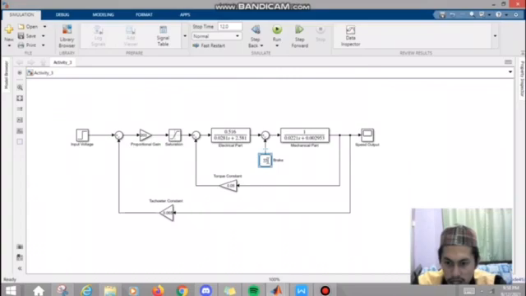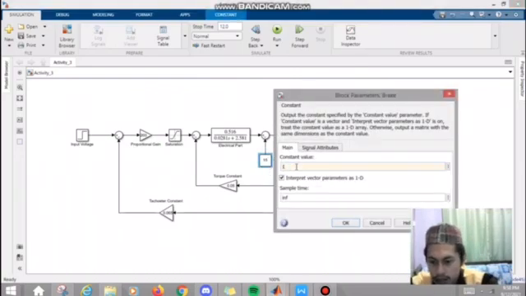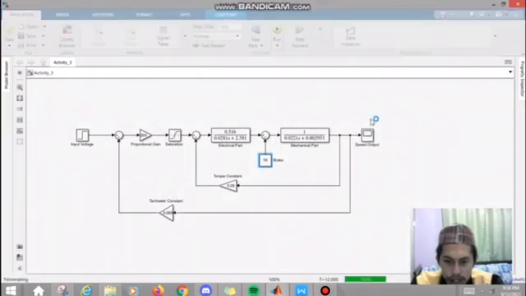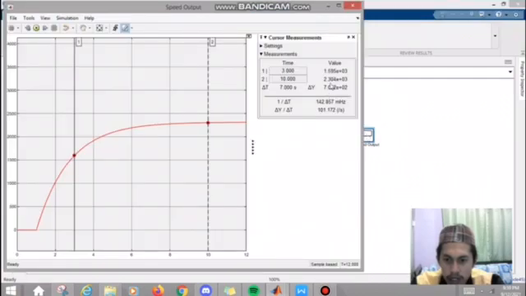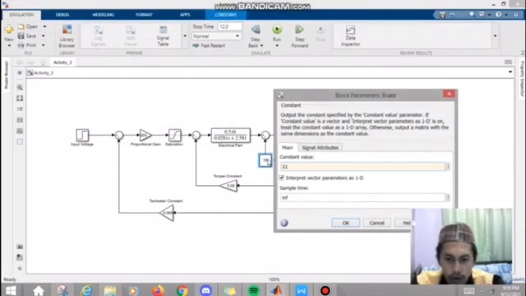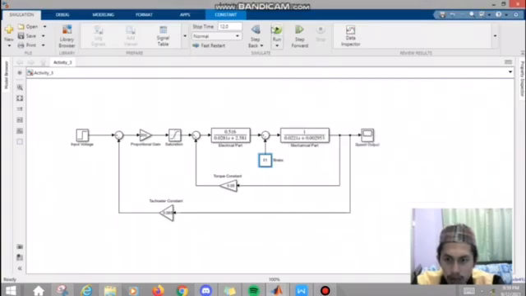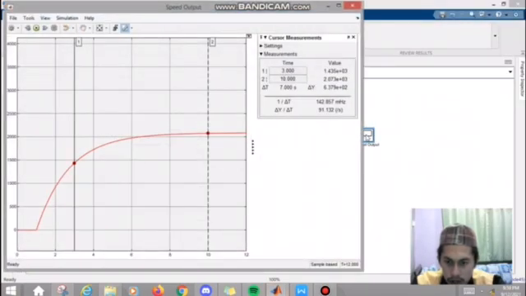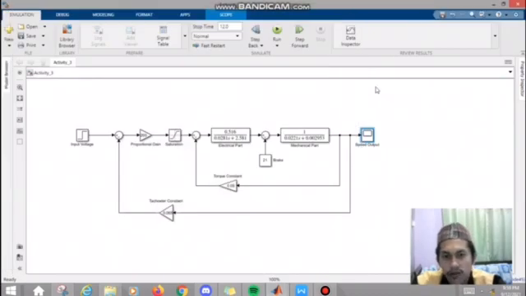After 15, we change to 18 and run the simulation, and the motor speed is 2304 RPM. The last one is brake scale 21, so we change to 21 and run the simulation. The motor speed at 10 seconds at brake scale 21 is 2073. That's all from me. Thank you.